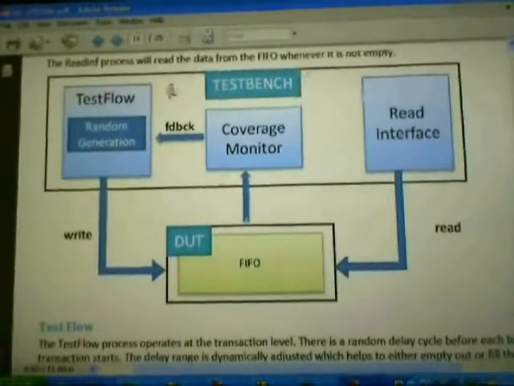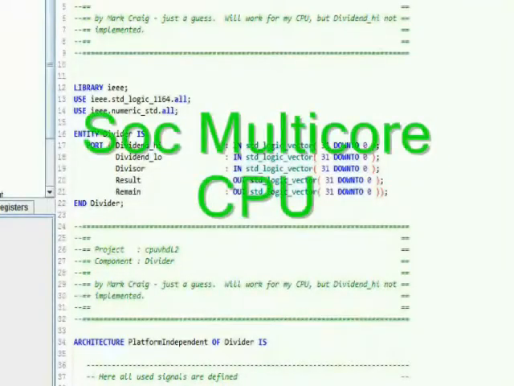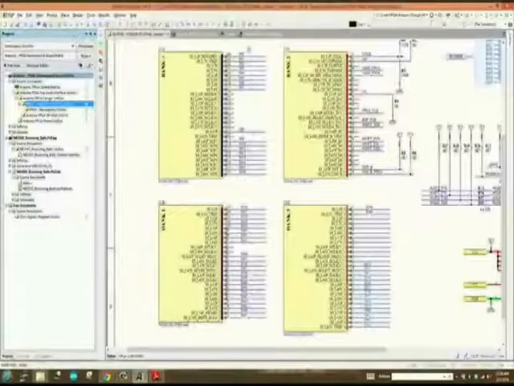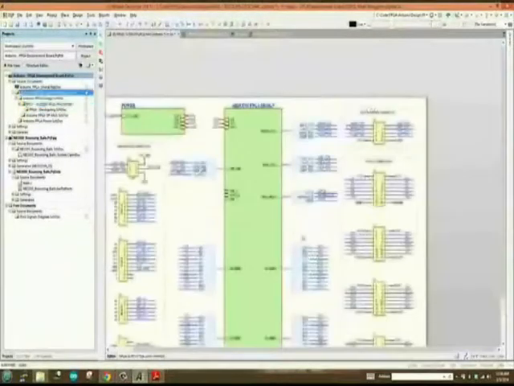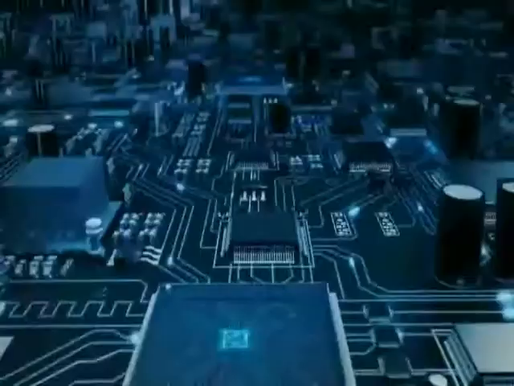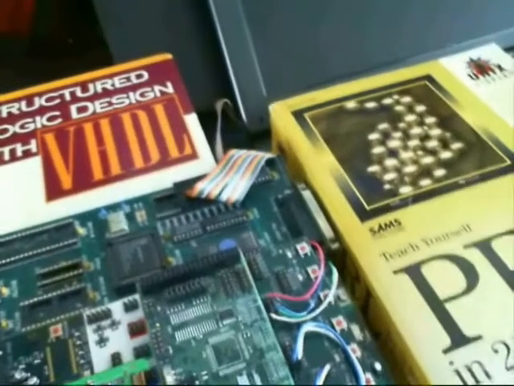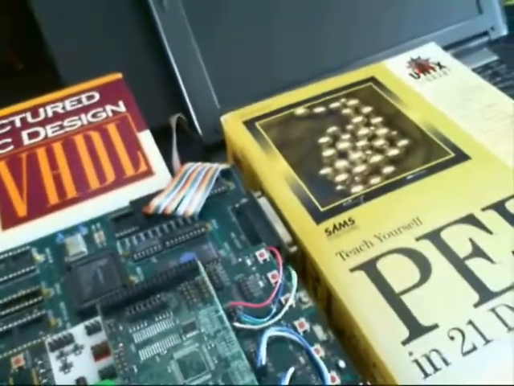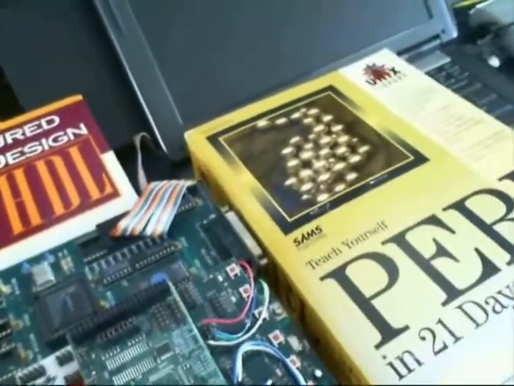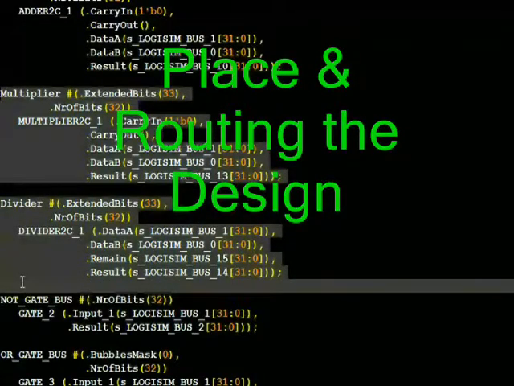Then timing verification was performed to verify that the system on chip multi-core system meets timing requirements. Once the design meets timing goals, the netlist is given to the physical design, which places and routes the design, and then finally the chip is built and tested.